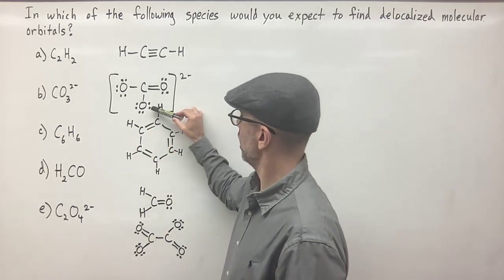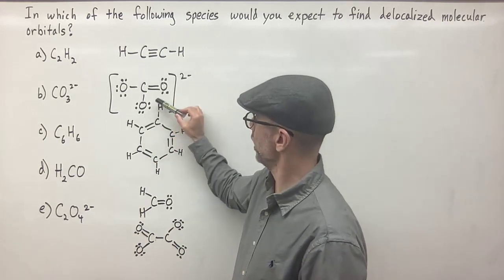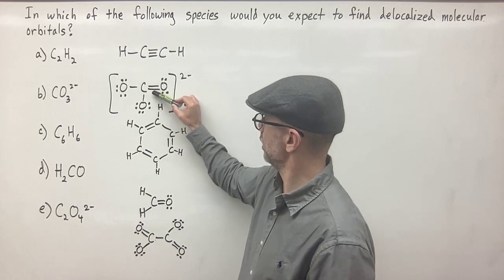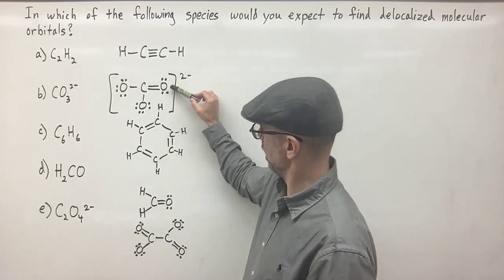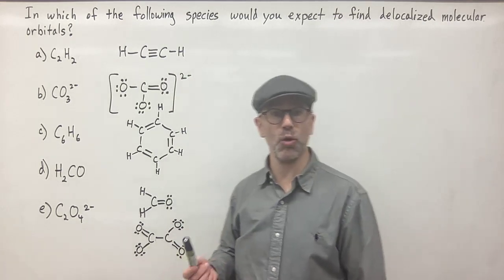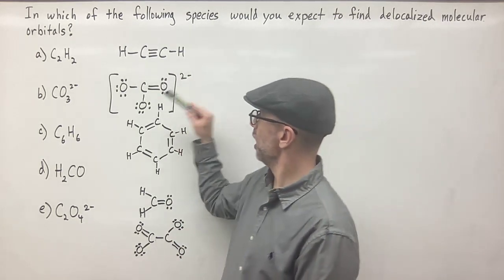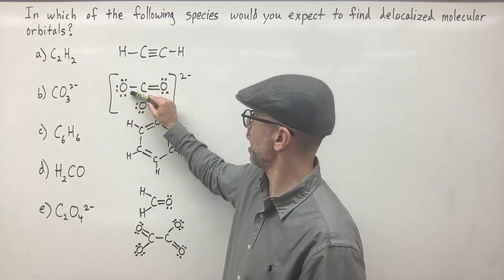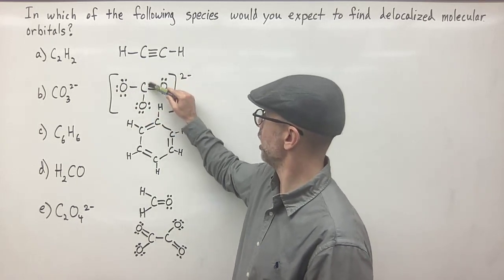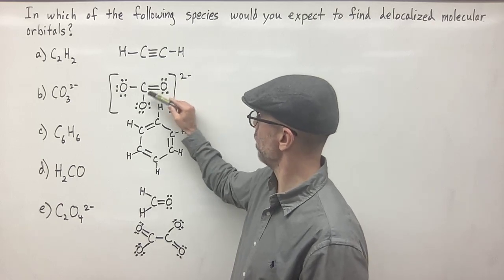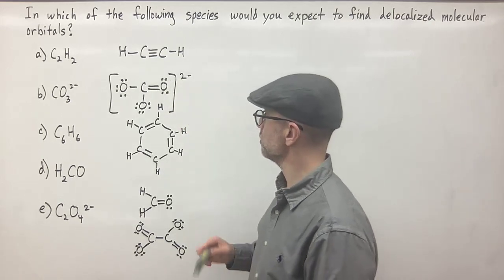If you take one of these lone pairs and make a double bond there, that's going to push one pair of electrons from the double bond onto this oxygen, so you'd end up with three lone pairs on that one. Or this pair of electrons can form a double bond here, pushing a pair of electrons again onto this oxygen to form a single bond with three lone pairs.